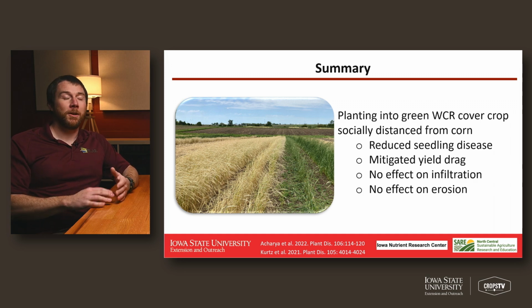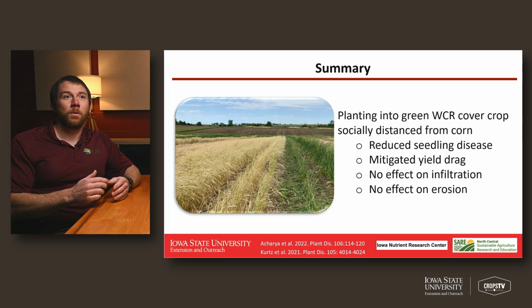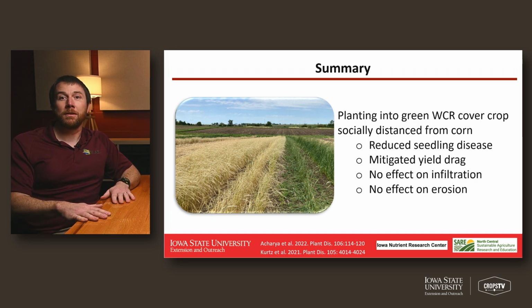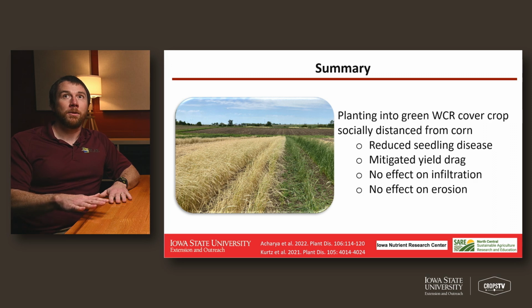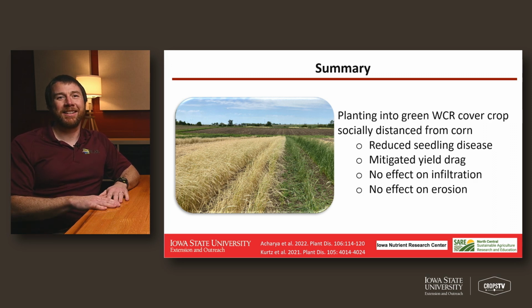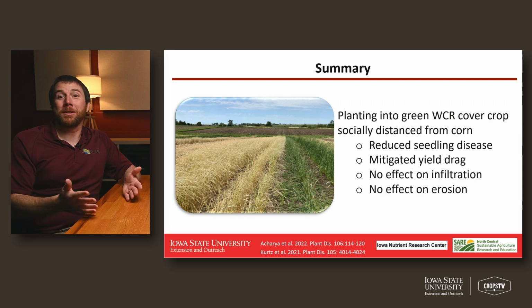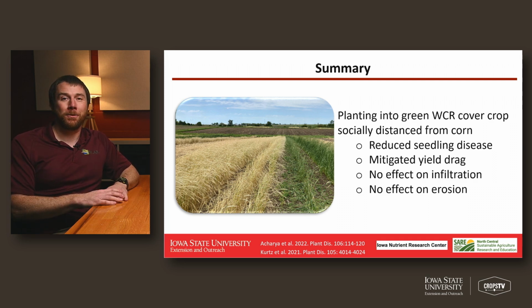And so to summarize that interaction, we're really seeing that our mitigation strategies with the planting green and wider row spacing are reducing the corn seedling disease. And it mitigated the yield drag slightly in 2024, whereas there wasn't a yield drag in 2023.